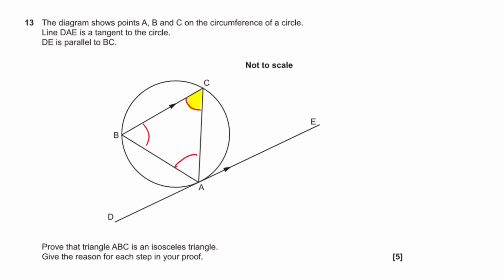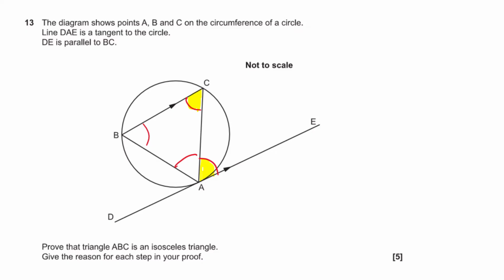Well, we've got a pair of parallel lines and a line crossing them. So that angle there is alternate to this one down here, isn't it? So that one is the same. Okay, so we're just going to label it, you colour it in the same colour. What else do we know?